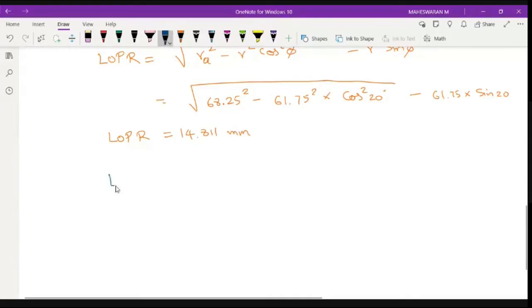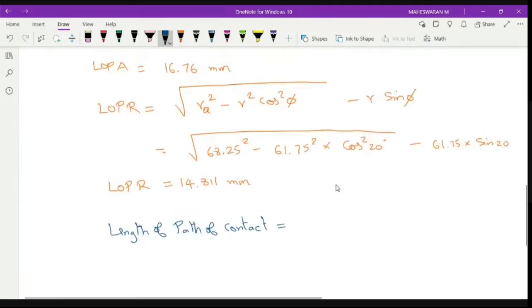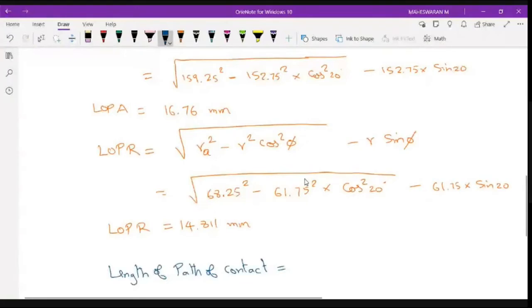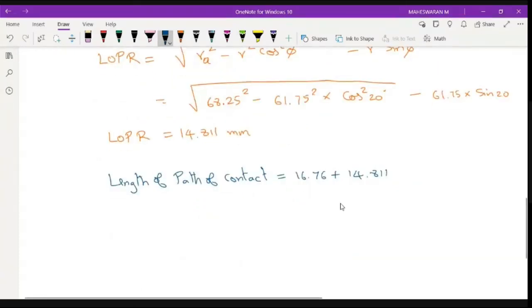Length of path of contact is equal to the addition of these two, which is 16.76 plus 14.811. So what is the overall value? 31.58. So 31.58 mm.